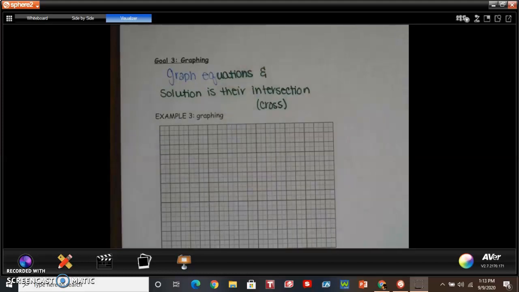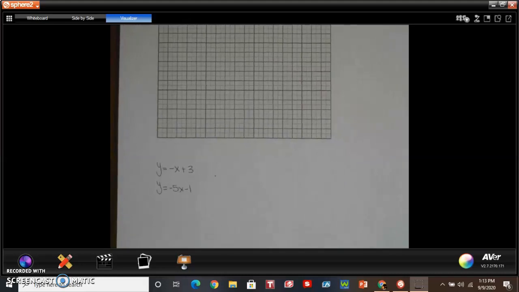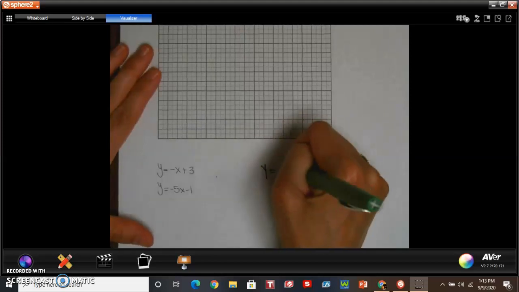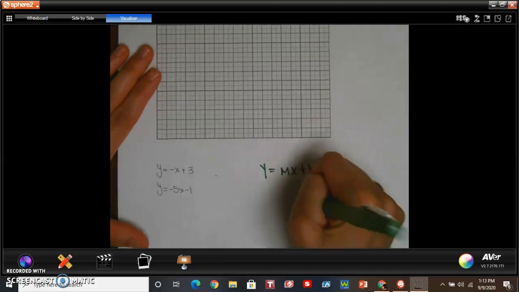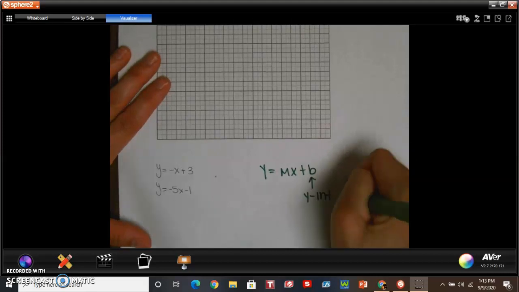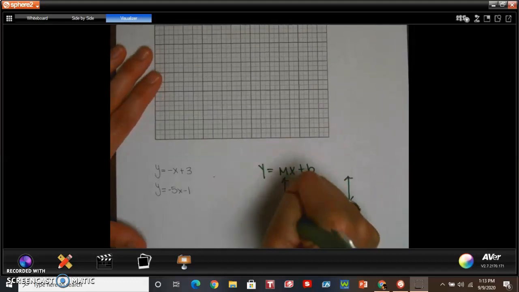Okay, so just a little review on graphing real quick. Both of these are in slope-intercept form, which is y equals mx plus b. This is your y-intercept. That's where it crosses the y-axis, the axis that goes up and down. This is your slope.